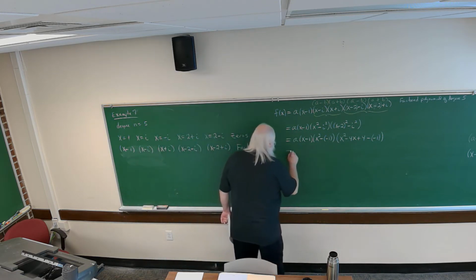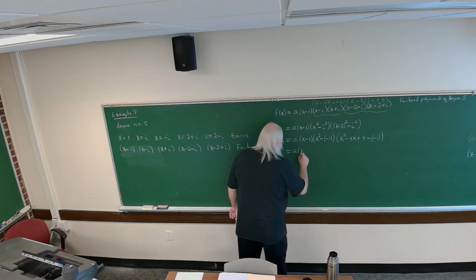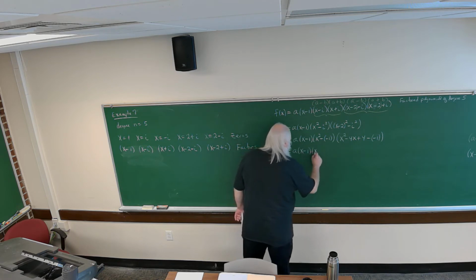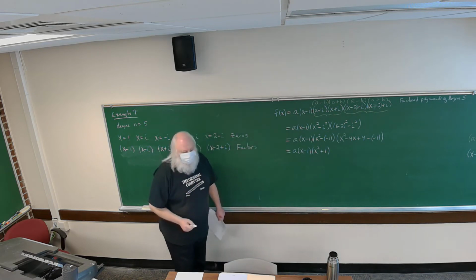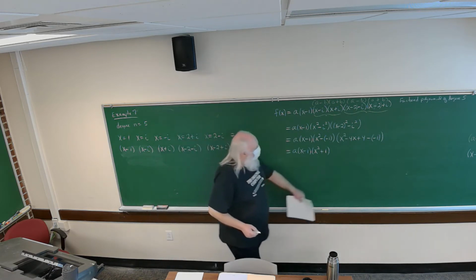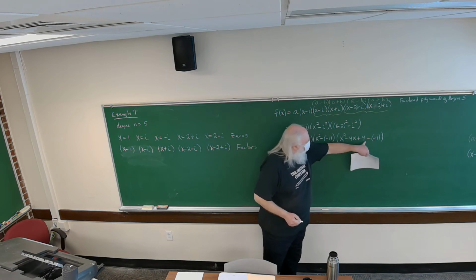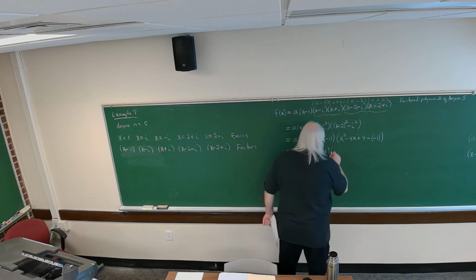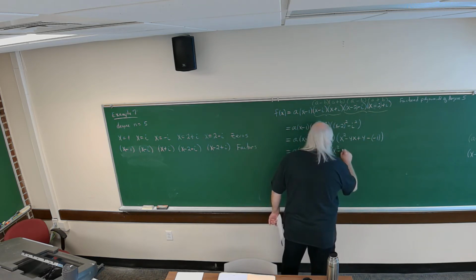Which is equal to a times x minus 1 times x squared plus 1, right? Minus a negative 1 is the same as plus 1. And then over here, minus a negative 1 is plus 1, and 1 plus 4 is 5. I have x squared minus 4x plus 5.